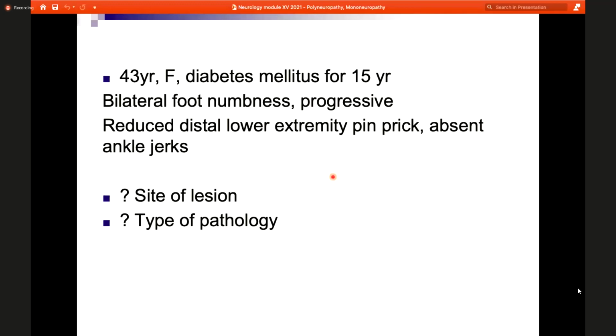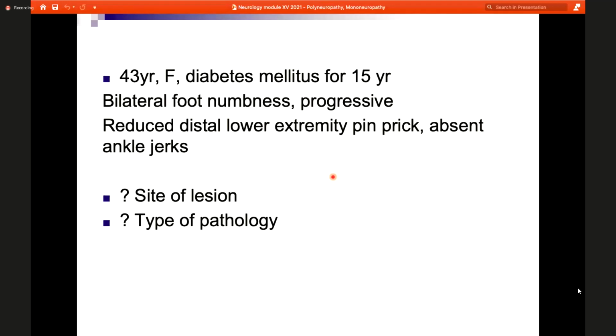The shin area, below the knee: medially L4, laterally L5. So L5 extends from the lateral foreleg, lateral below the knee, to the dorsum of the foot and big toe.